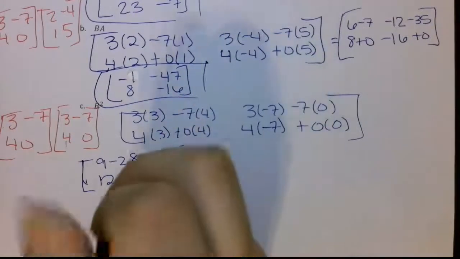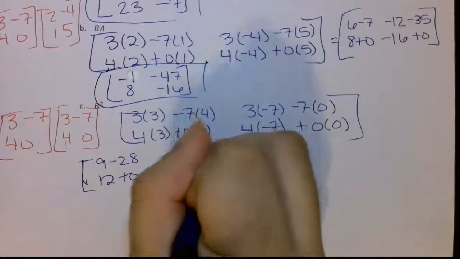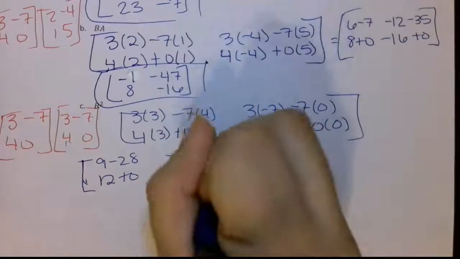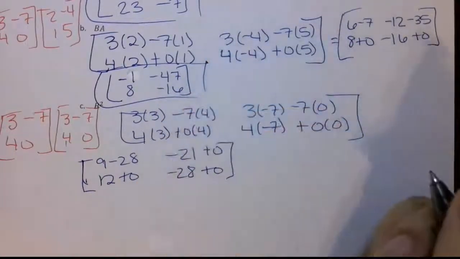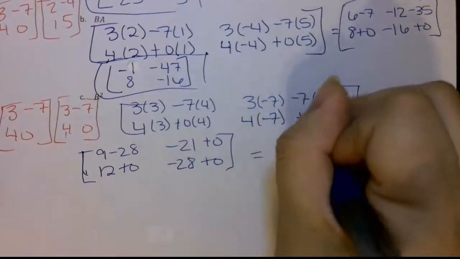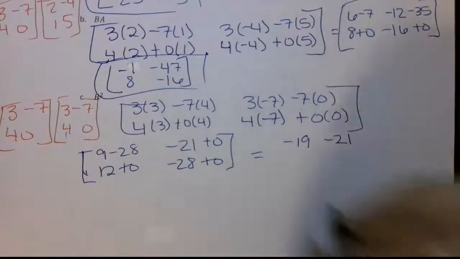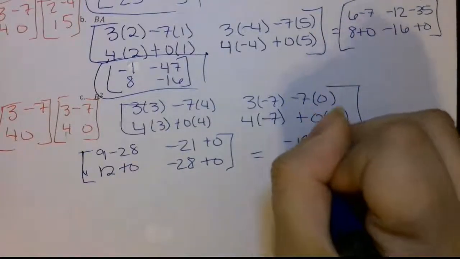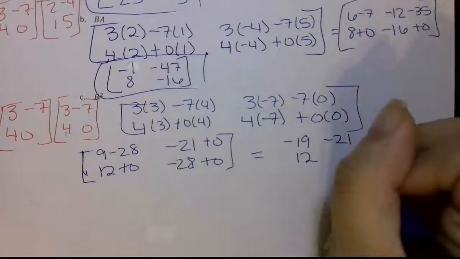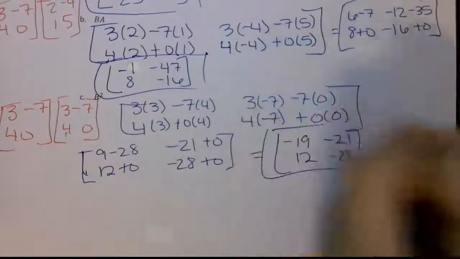Plus 0 times 4 is 0. 4 times negative 7 is negative 28. 0 times 0 is 0. Then I just want to add. 9 minus 28 is negative 19. Negative 21 plus 0 is negative 21. 12 plus 0 is 12. Negative 28 plus 0 is negative 28. So this is my final answer.